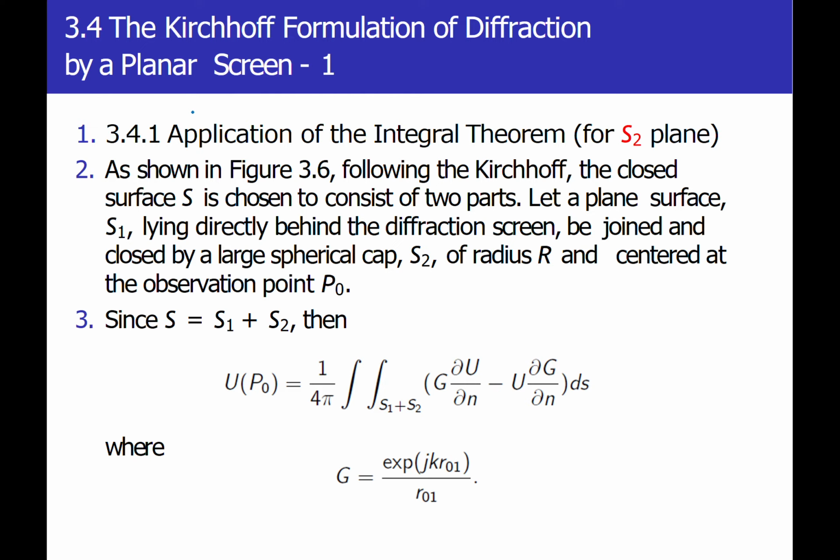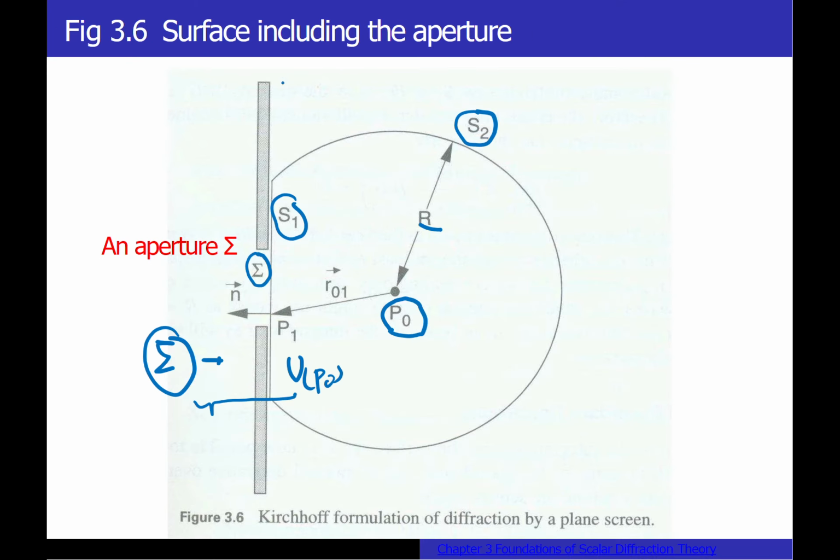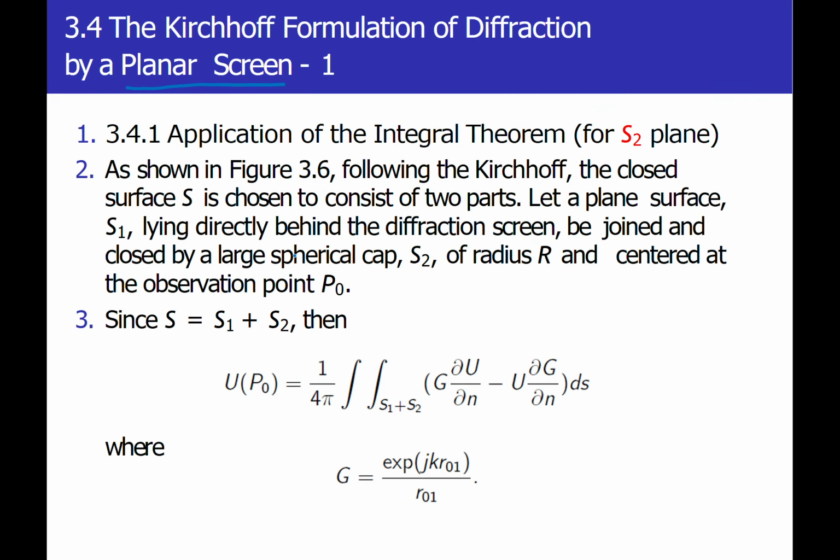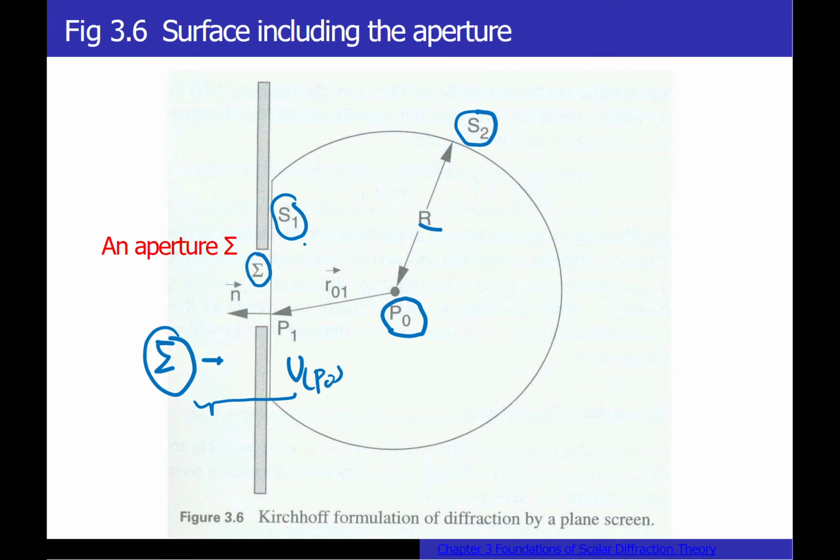Okay, so now we are going to talk about the planar screen. This is our screen here, and our surface is given by S1 plus S2. S1 is enclosing our aperture, and S2 is kind of a sphere.